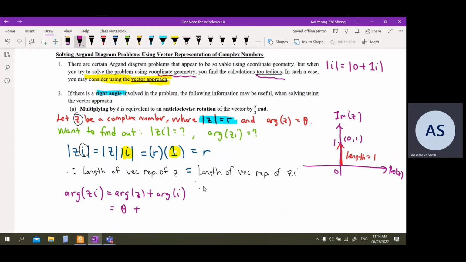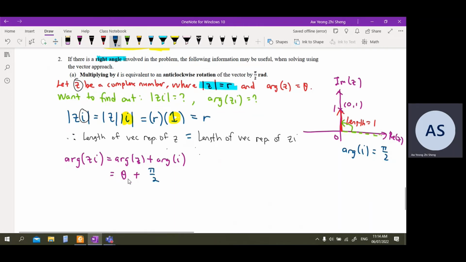The argument of i is the angle measured from the positive x direction. Refer to the Argand diagram on the right of your screen. You start measuring from the positive x direction towards the vector representation of the number i, which in this case is 90 degrees or pi over 2 radians in the positive direction. So we add pi over 2, because from the Argand diagram, we know that the argument of i is pi over 2 radians.